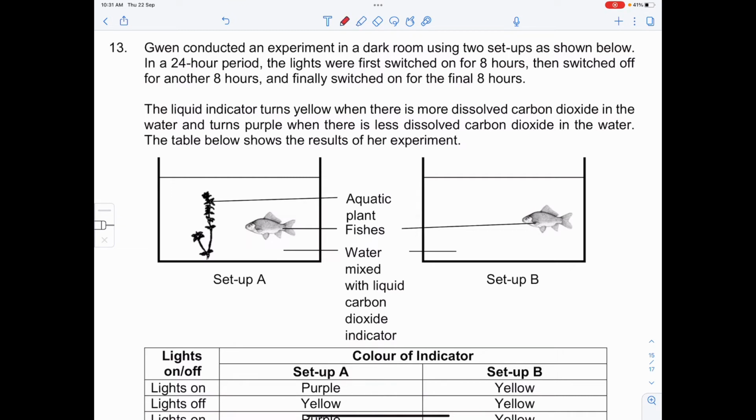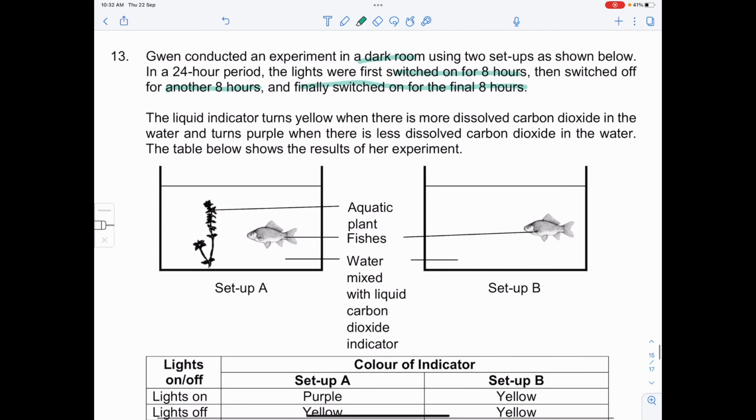So Gwen conducted an experiment in a dark room using two setups as shown. In a 24-hour period, the lights were first switched on for the first 8 hours and then switched off for another 8 hours, and then finally switched on for the final 8. Okay, so that means if you see plant and then you see light, if there's no light, there cannot be any photosynthesis.